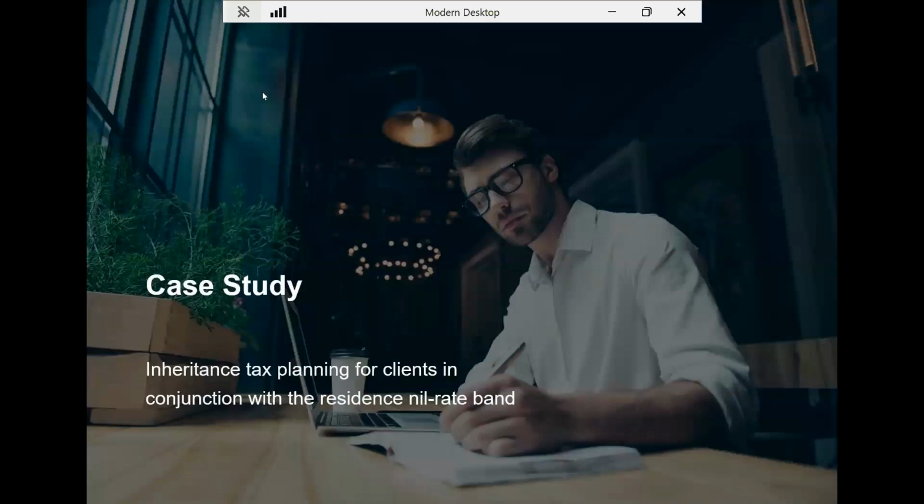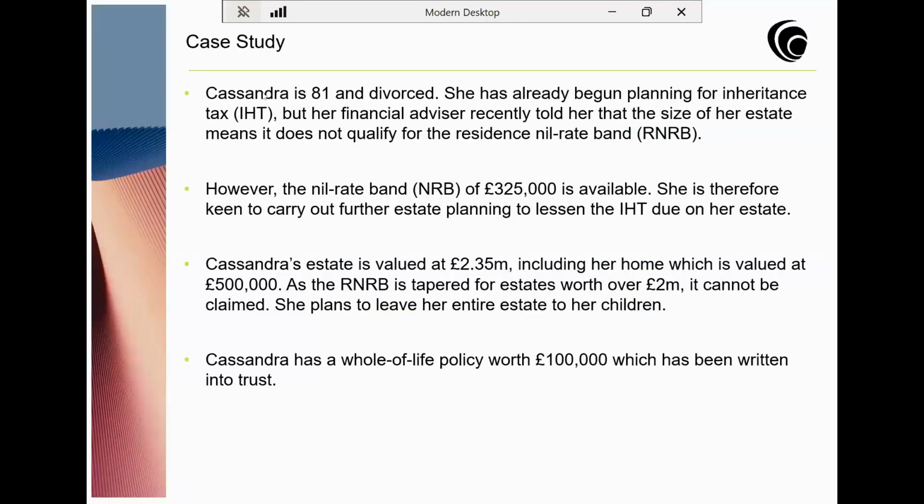And again, another case study just very quickly on using an existing business relief investment. If we go through the slides, in this case, the individual had lost their residence nil rate band in relation to IHT due to the total value of their estate.